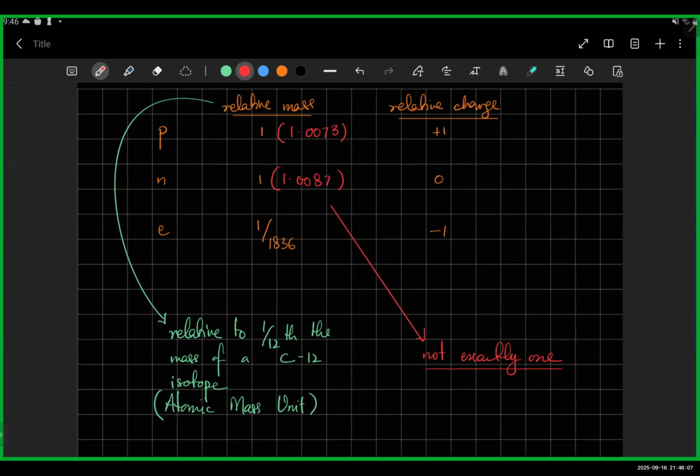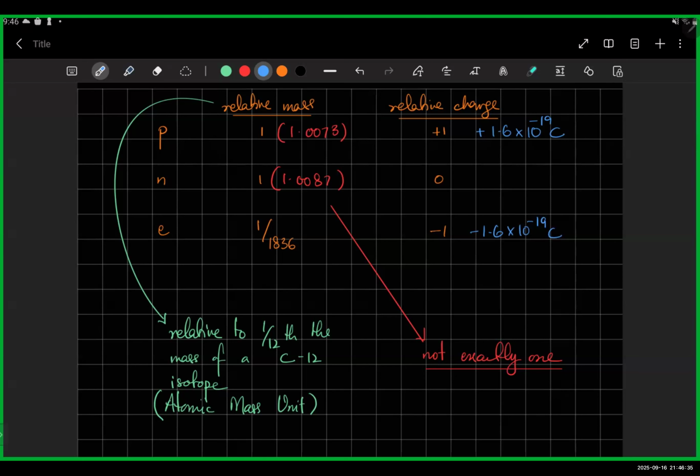Let's do relative charge as well. What is relative charge? Again, relative charge plus one means that it's actually plus 1.6 times 10 power minus 19 coulombs. You can remember the charge is in coulombs, and the exact charge is 1.6 times 10 power minus 19 coulombs. And for an electron, the charge is minus 1.6 times 10 power minus 19 coulombs.